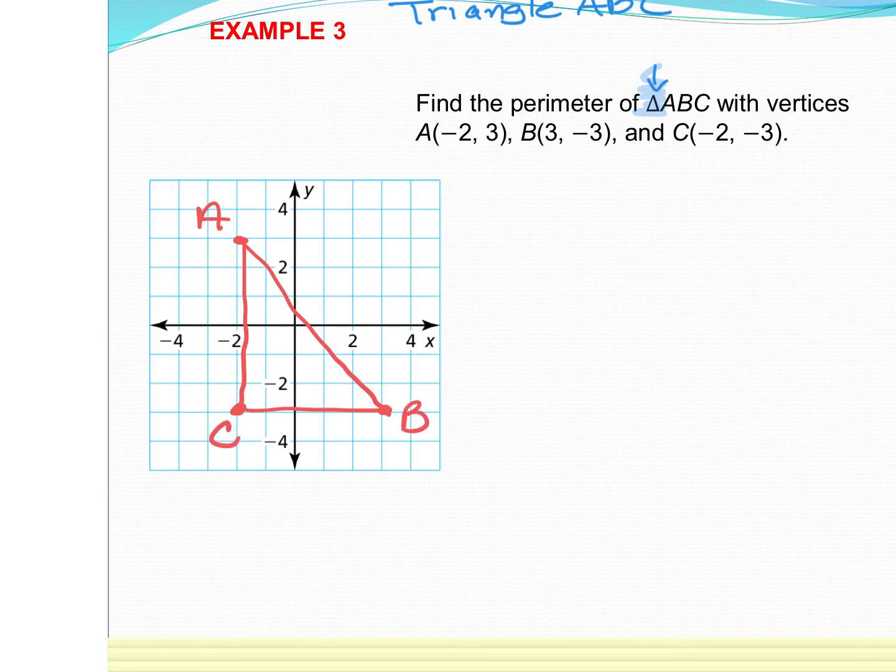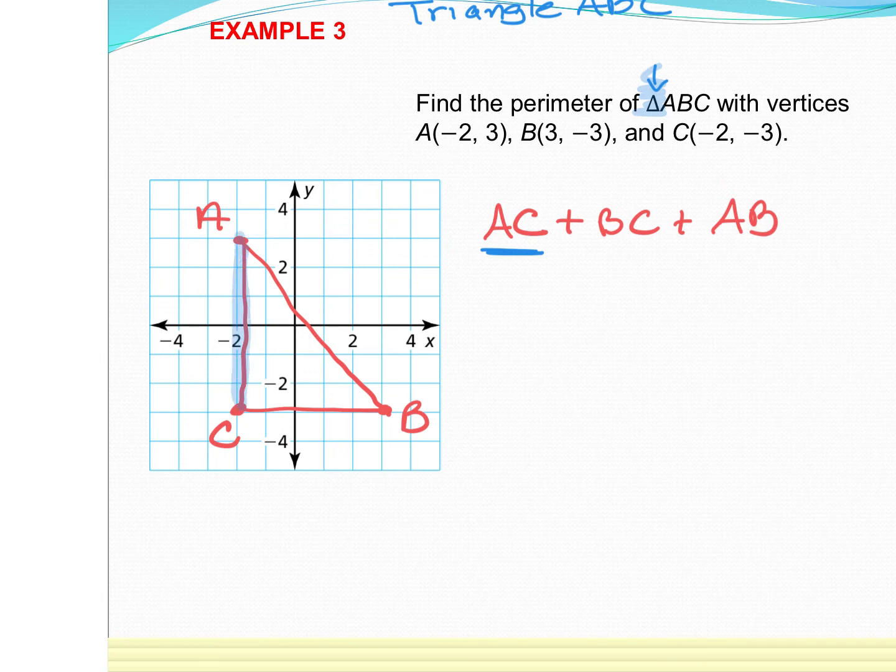So now to find the perimeter of this triangle, what I need to do is add up all the sides. I need to add side AC plus BC plus AB. Now, side AC is this segment that's right here, and it's vertical.